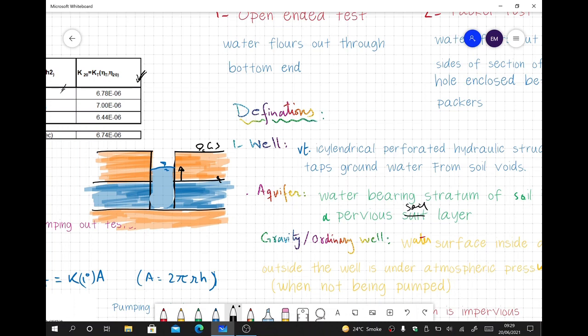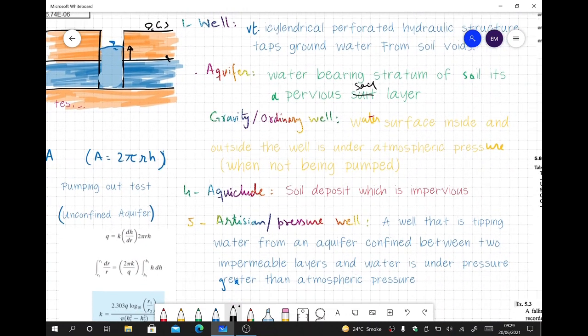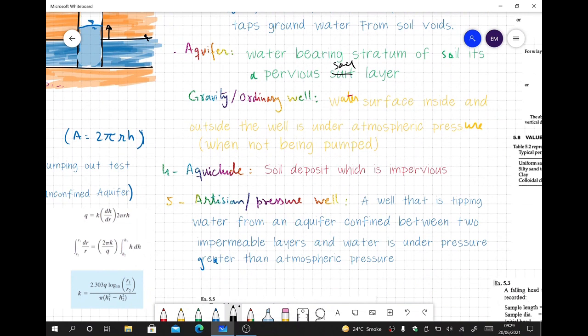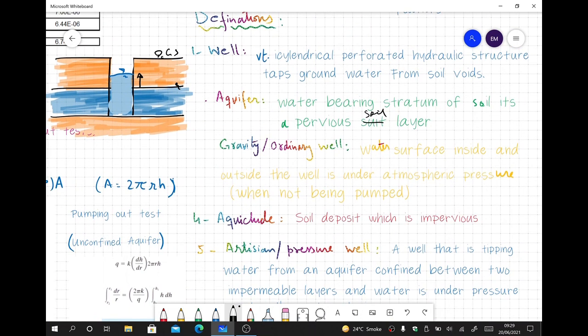This is called an artesian well or a pressure well. It is a well that is tapping water from an aquifer confined between two impermeable layers, and the water is under pressure greater than atmospheric pressure. That's why we have a higher water table as compared to its surrounding. An aquiclude is a soil deposit which is impervious, so it does not allow water to flow through it.